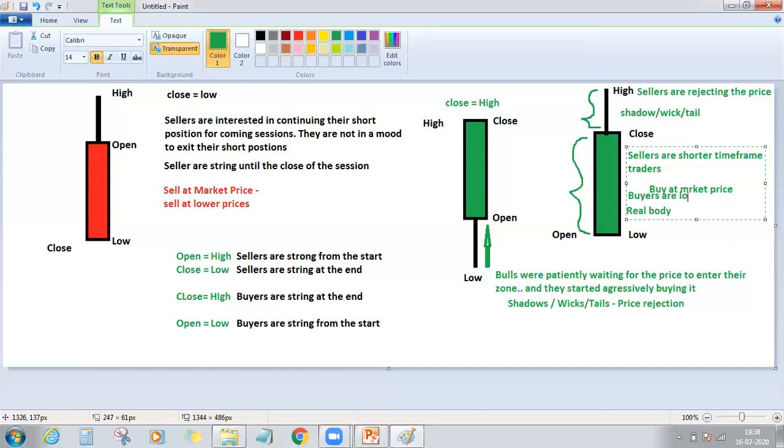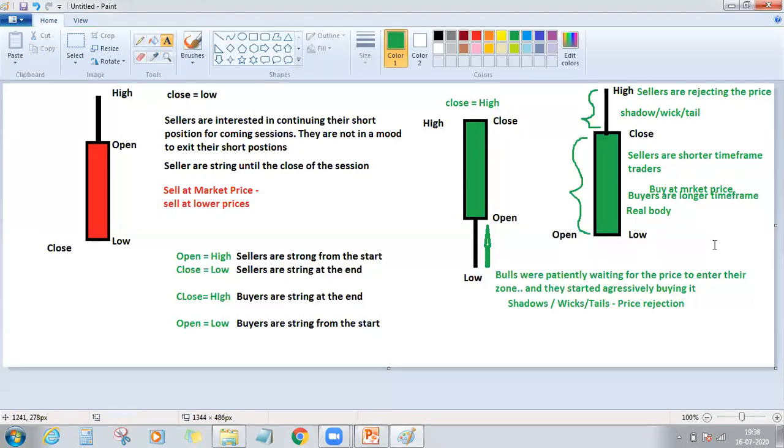Because in the market you don't have only intraday traders trading, you don't have only scalpers, or only the long time frame traders. That is a mix of all the traders, and sometimes the long time frame investors also will come into the picture. All the investment banks and all those people, we call them longer time frame investors. So when they start coming into the market, you will not be able to catch the rally.